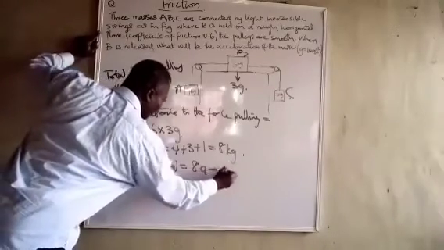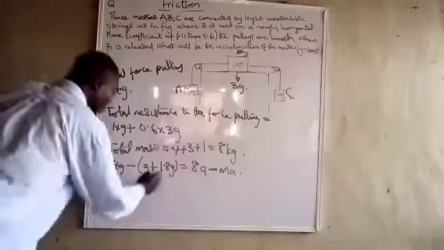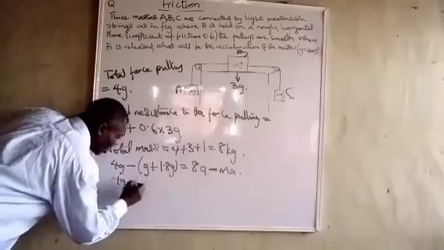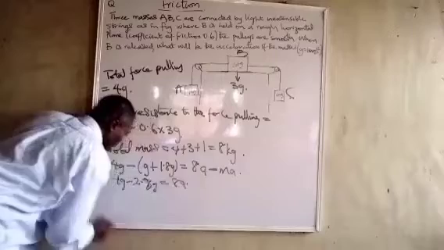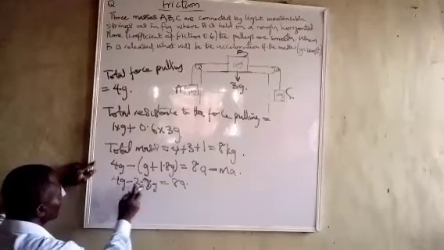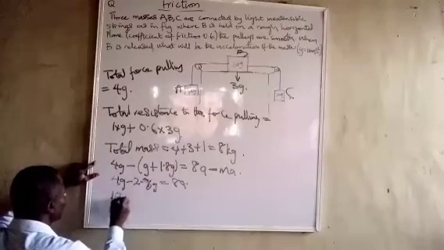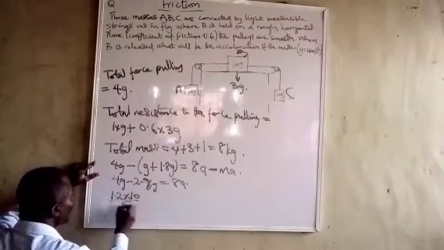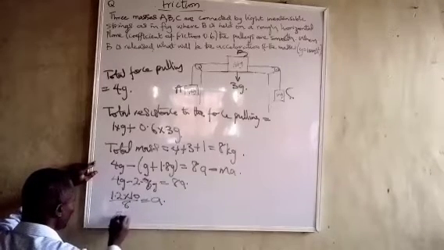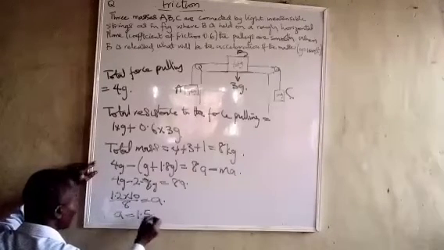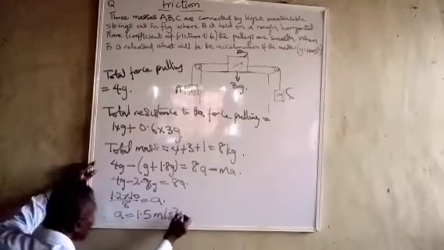That is ma. So we have 4g minus 2.8g is equal to 8a. And from this, a equals 1.2 times 10 over 8. So that is 12, so a equals 1.5 meters per second square.